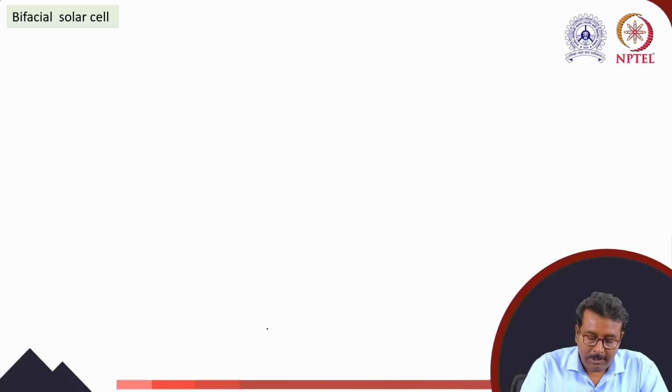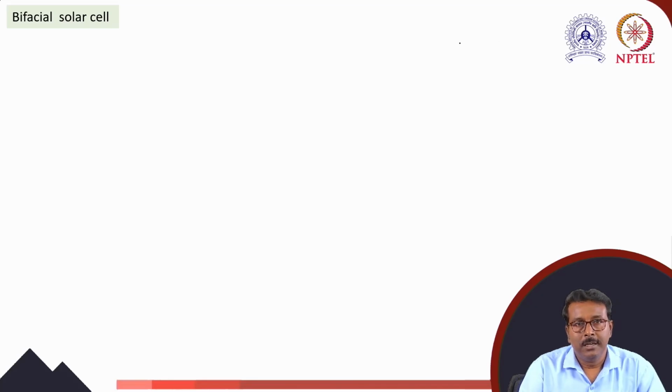Another important structure is called the bifacial solar cell. Generally, in whatever structures we have seen so far, the back contact is a full area back contact. That means if some light is transmitted through the solar cell or solar panel, whatever you are placing on top or rooftop, it may be reflected back due to the aluminum back contact.